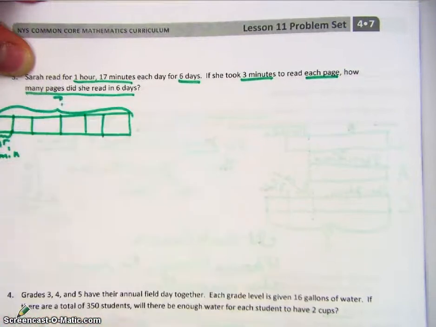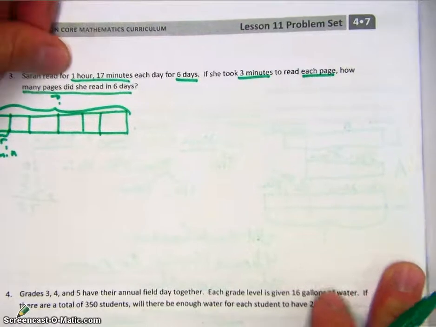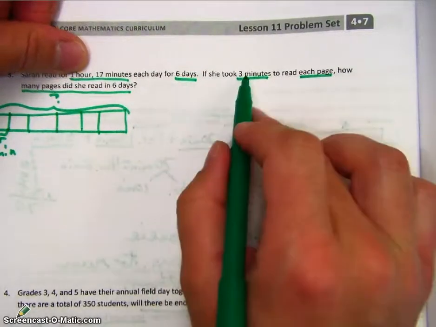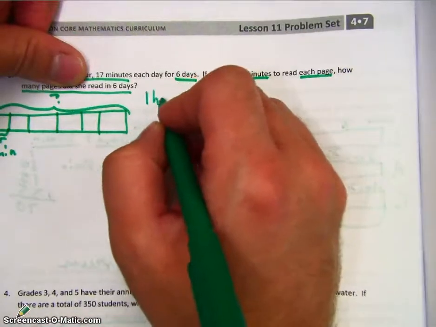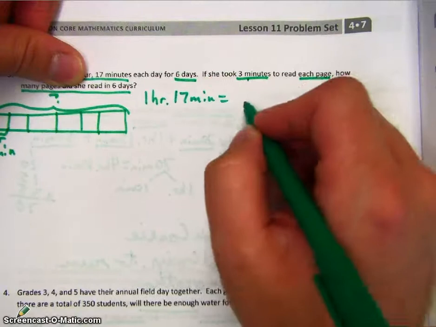So first thing we need to do is find out the total amount of time it took her to read. Now if you notice, we need our answer in minutes though, because we want to know 3 minutes per page. So what we're going to do is convert our 1 hour 17 minutes into minutes.